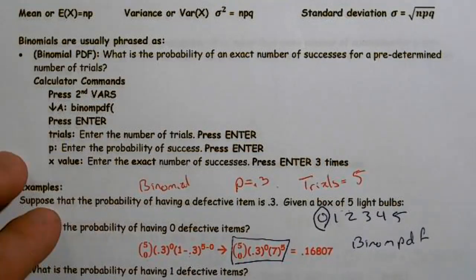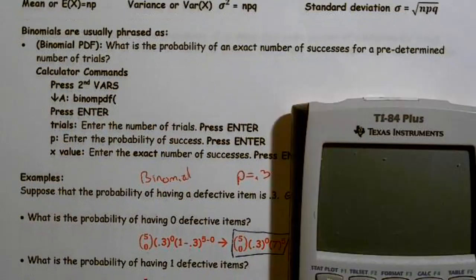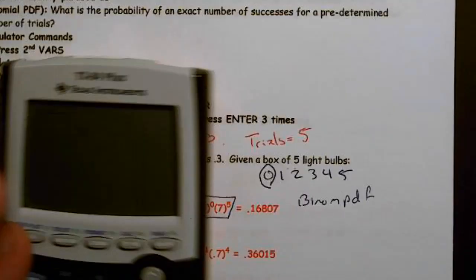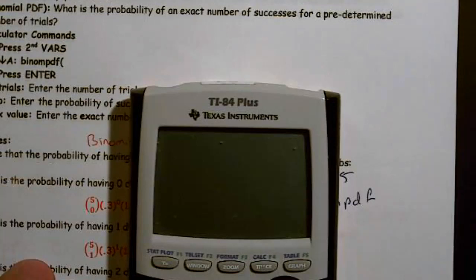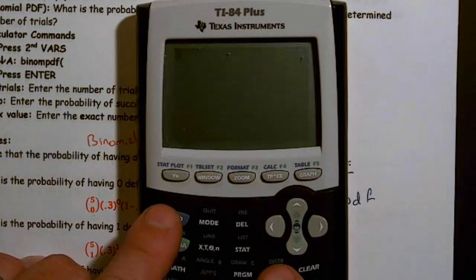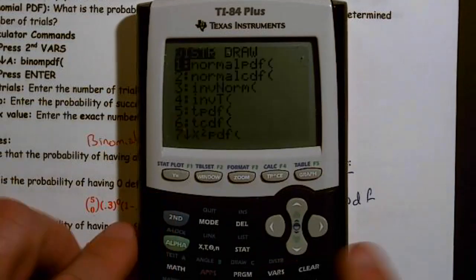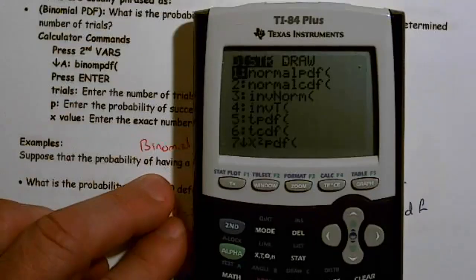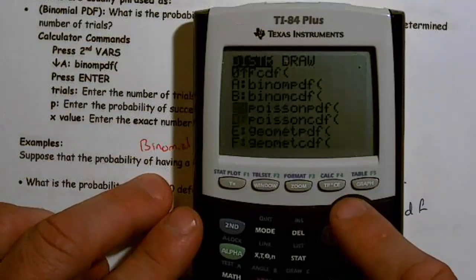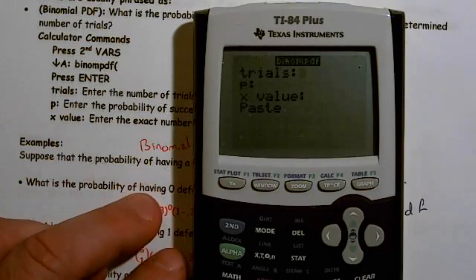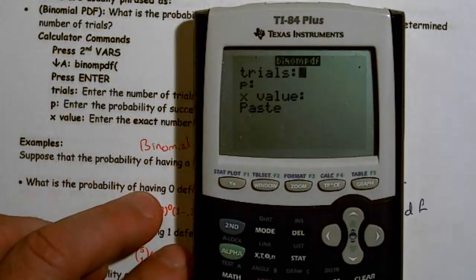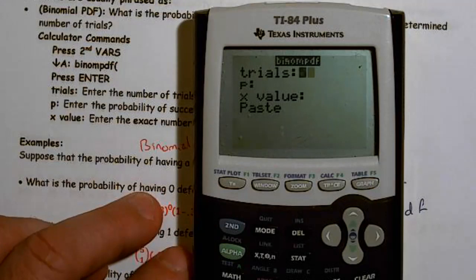So here's how you do this on the calculator. Turning it on, I go to second vars and scroll all the way down to binomial PDF, which happens to be letter A. It asks for my trials, which in this case is 5.